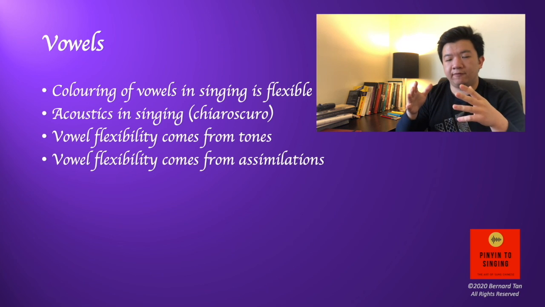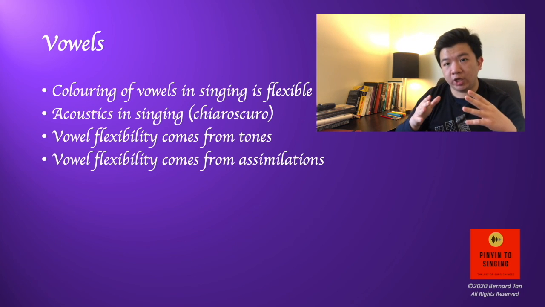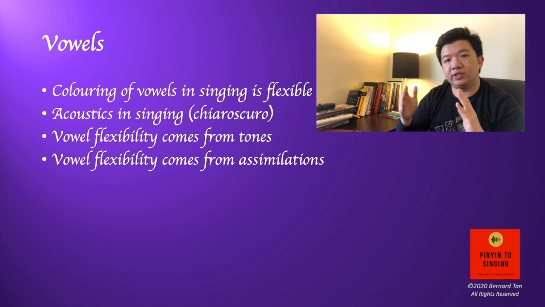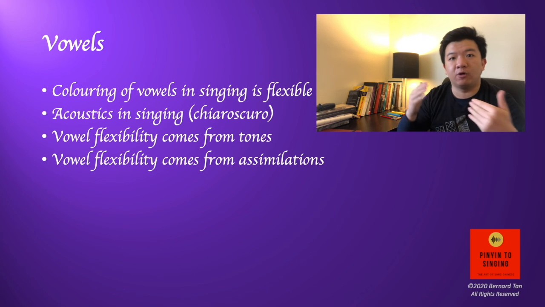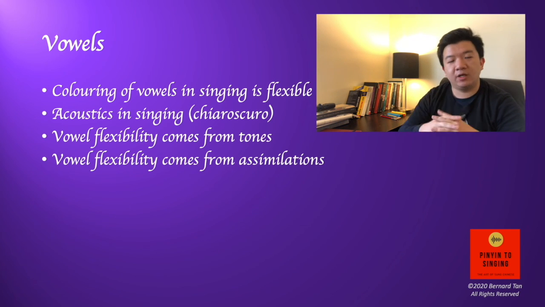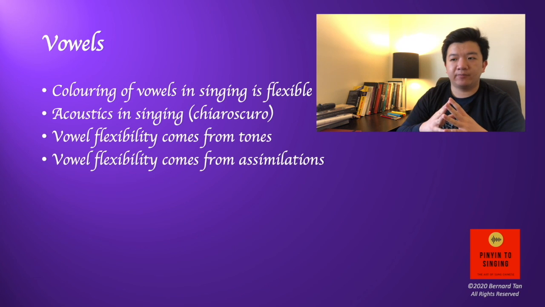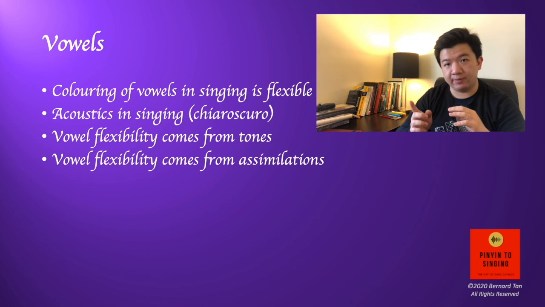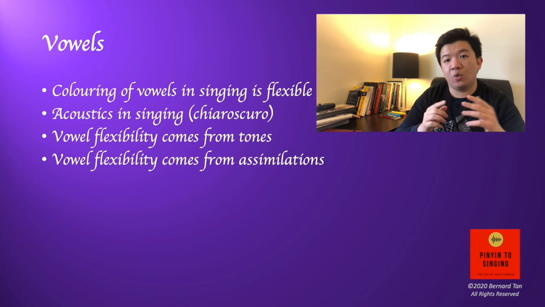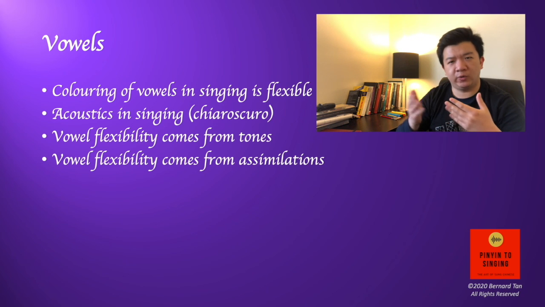Assimilation is a phenomenon where we change a certain sound depending on what comes before or after the sound that we make. A good example of this is in English when we say one of the two. Try saying one time and one thing quickly.